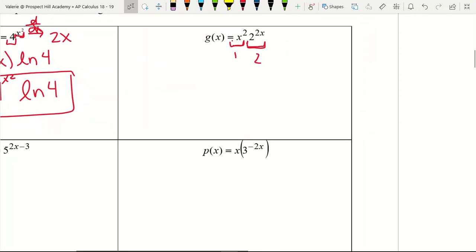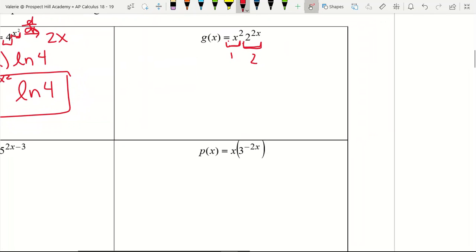If we remember the product rule, we need function number 1, which is x squared, the derivative of function number 1, which is 2x, function number 2, which is 2 to the 2x, and the derivative of function number 2, which would be 2 to the 2x times 2 times ln of 2.